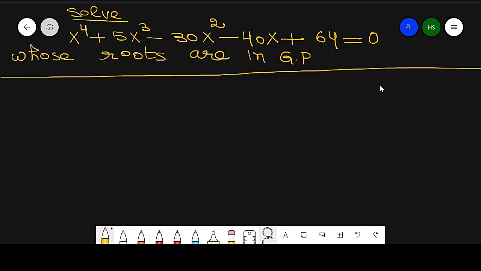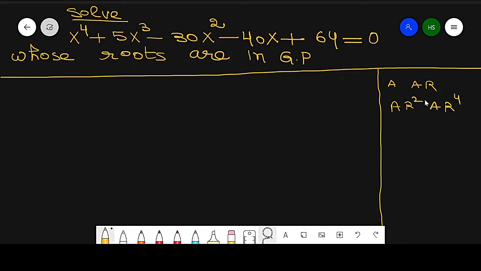Now, as we know, the roots in GP are A, AR, AR square, AR cube.